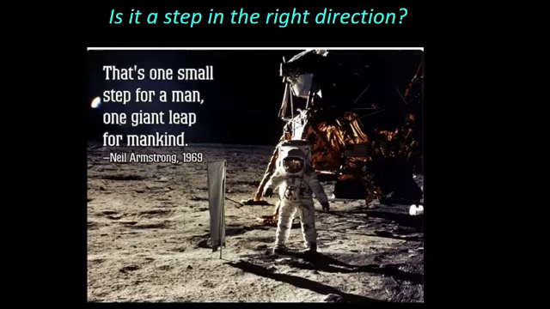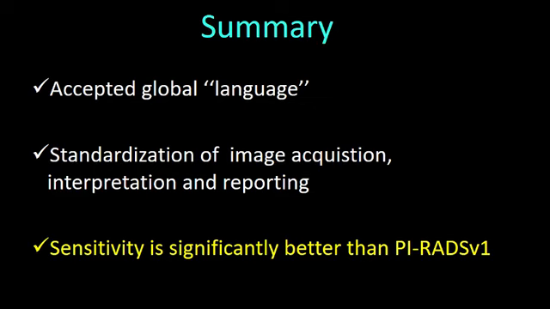I would have to agree with Dr. Armstrong, a humble scientist from University of Cincinnati. I think it is, because it's an accepted global language. Now, if you learn any language to get fluent, you need to use it more, right? So you need practice, and you need more time for it. And that's what we don't have.